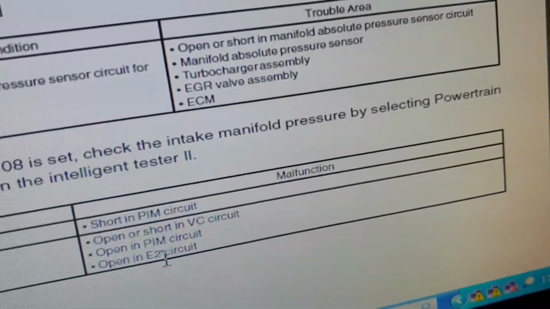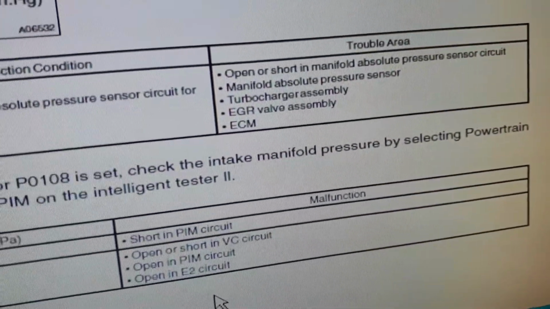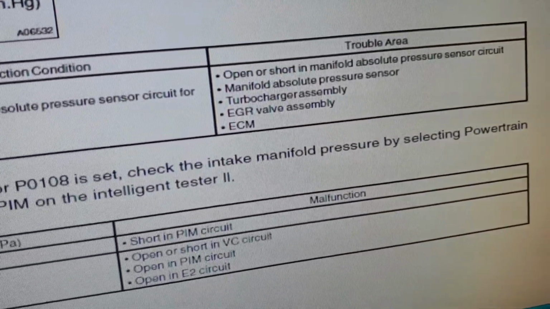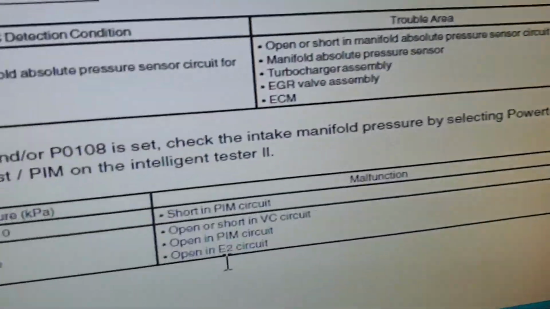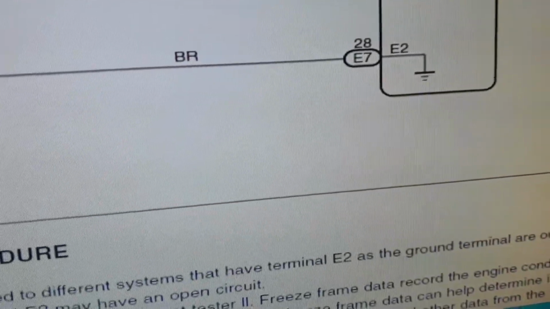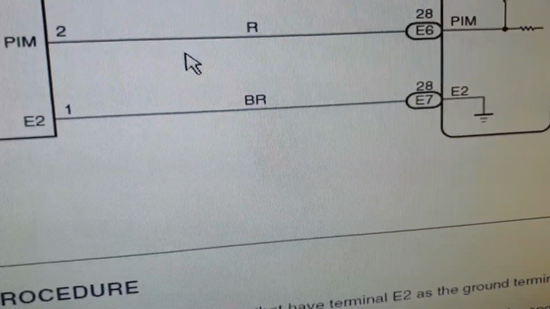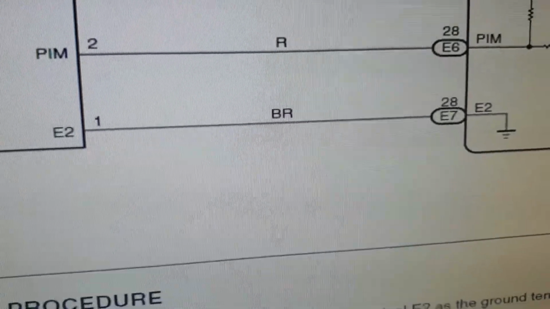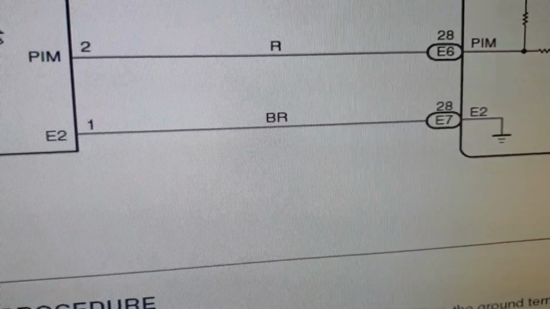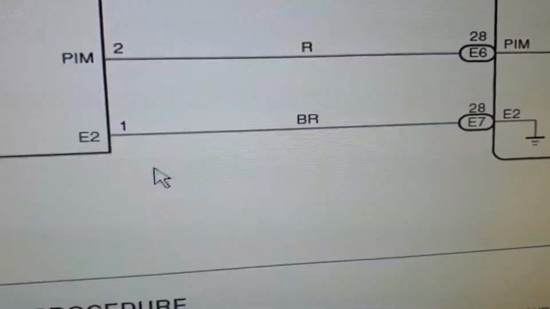So open in PIM, which is the signal circuit or the signal wire. Open in E2. E2 means the ground circuit of the sensor. So red is the signal wire, this one, PIM. Yellow is the 5-volt reference supplied by the ECU to the manifold absolute pressure sensor.